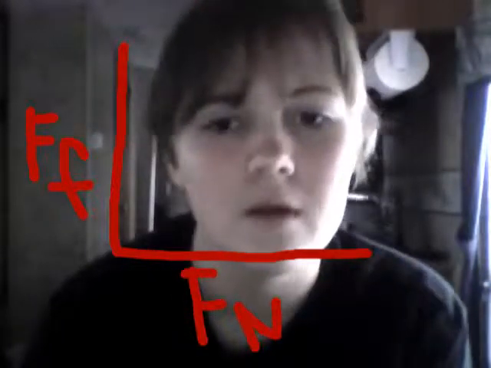No biggie. So on this graph, we have our line, and that line is mu. If you looked at this in a formula way, it would be the force of friction divided by the normal force, because friction is your y and the normal force is your x.